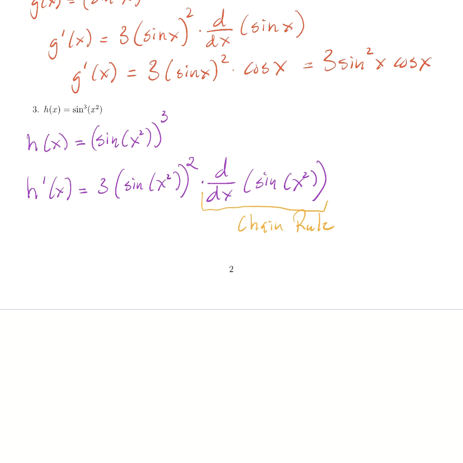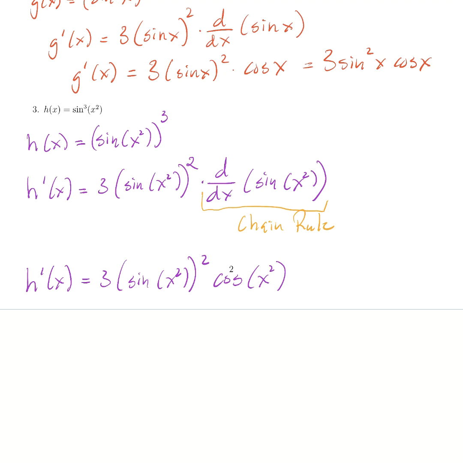So let's do it. Let's write down everything we've had so far: 3 (sine of x squared) all being squared. Now, again, the inner function is x squared. So we take the derivative of the outer function. The derivative of sine is cosine. And we leave the inner function alone, just like we did up here.